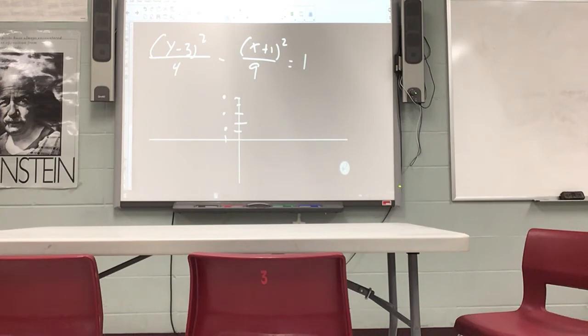My x is over 9, so the square root of 9 is 3. x is left and right, so I'm going to go right 3 and left 3. So now that gives me where I'm going to draw my box, my rectangle.